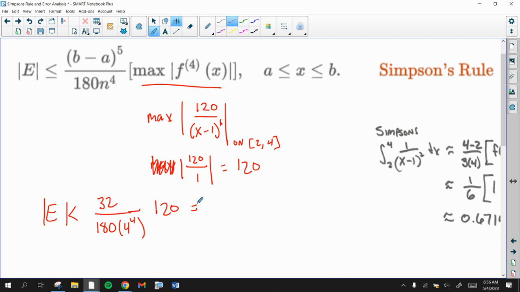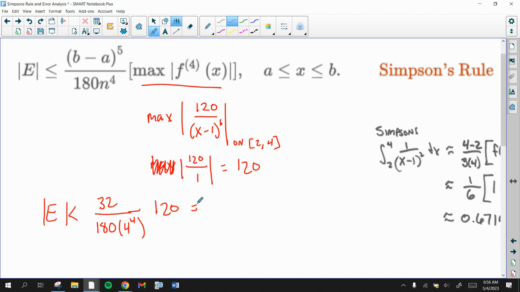So 32 divided by 180 times 4 to the 4th, and then times 120.